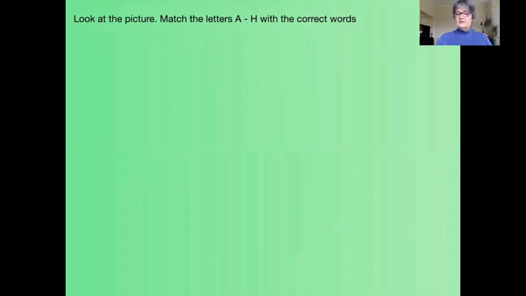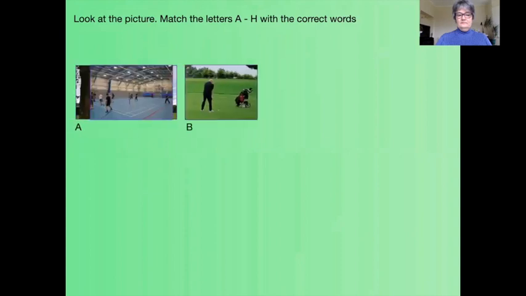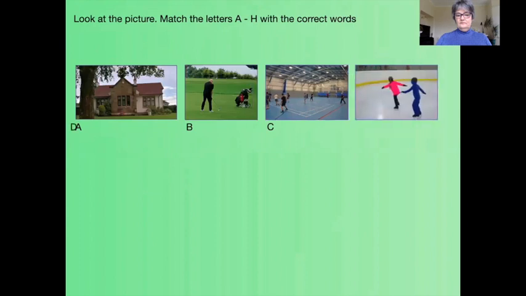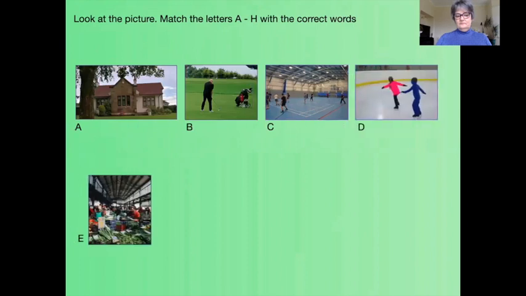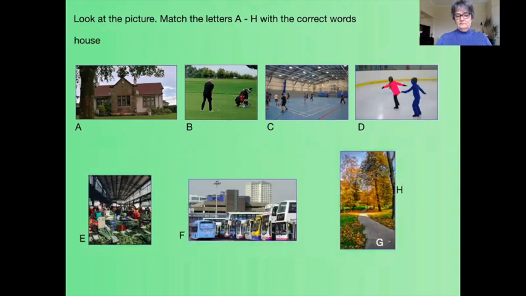Look at the pictures again and match the letters A to H with the correct words. Okay, can you see the first word? House. Which picture is it? Yes, it's picture A. The next word?